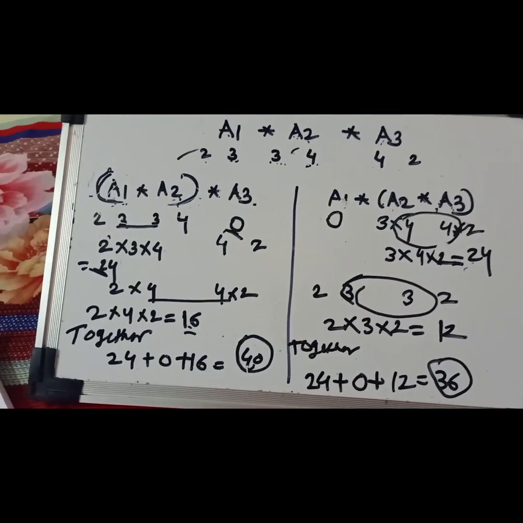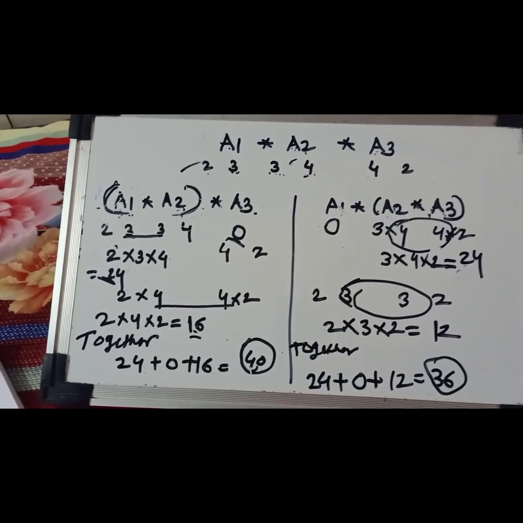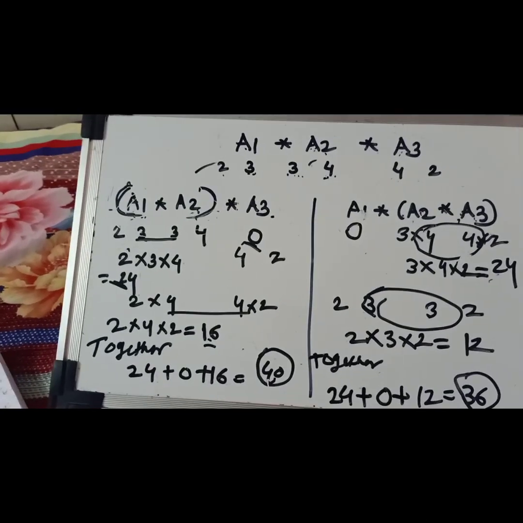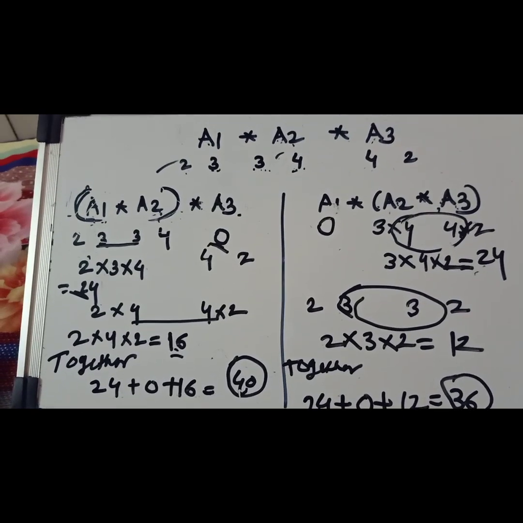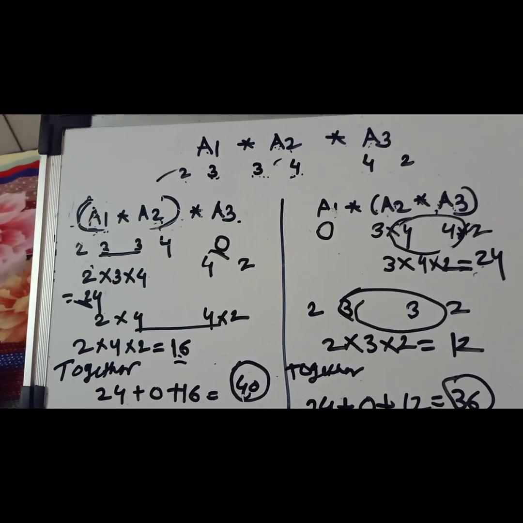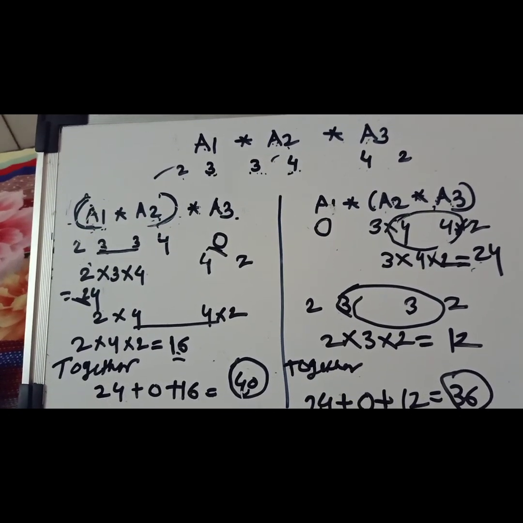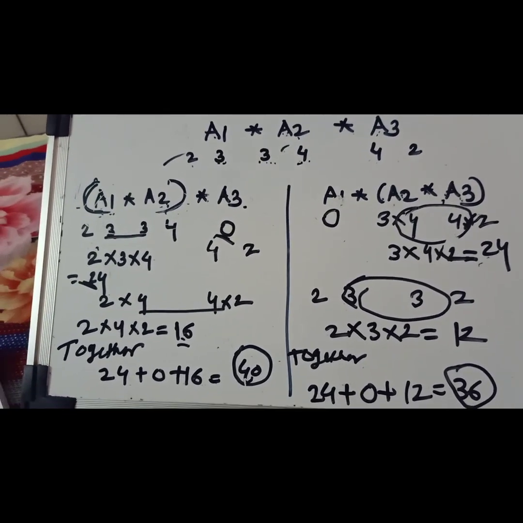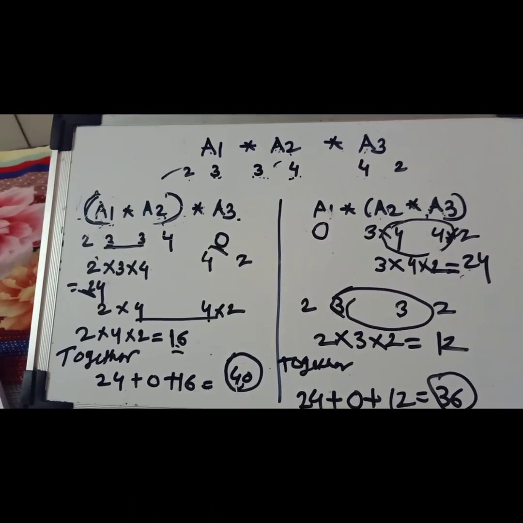Now try to understand that the result of these three matrices will be the same. There will not be any difference in the result. Why? Because matrix multiplication supports the associative property. According to that, whether you multiply a1 into a2 in parenthesis with a3, or you multiply a1 with a2 into a3 in parenthesis, the result will be the same. But what matters is how much effort we have to put in the sequence.